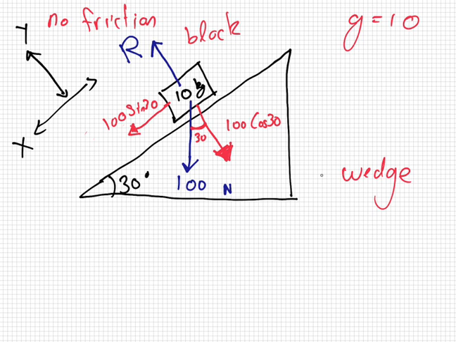This is y. The y is the distance off the wedge. So is the block staying on the wedge? It is. But is the x changing? Yes. So in the y, there's no movement really.